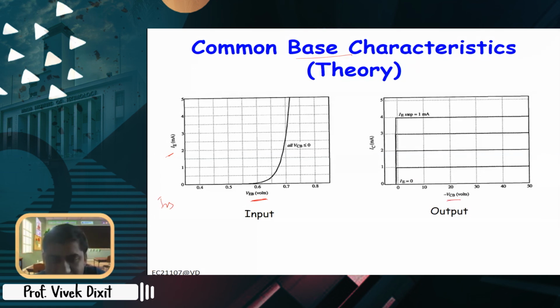Whenever VCB is not forward biased, you can expect a constant current for a given IE. Now this is all from the equations we have written. When we consider a practical PN junction diode, there will be a slight difference, so that we will discuss in the next class. Similarly, if you type these equations in MATLAB, you can get these characteristics.